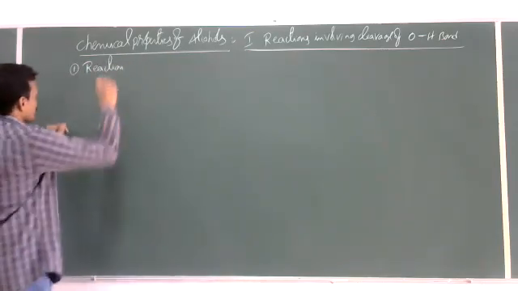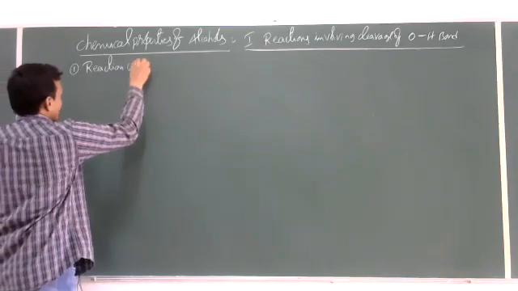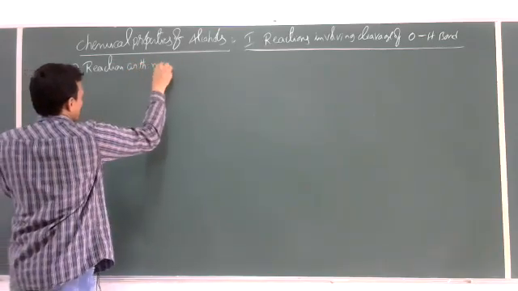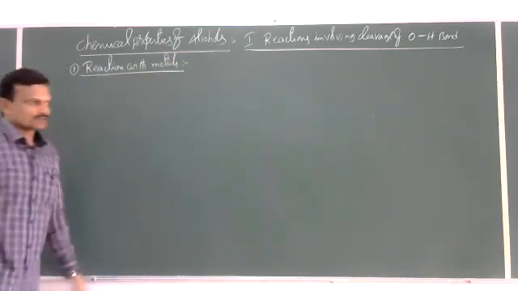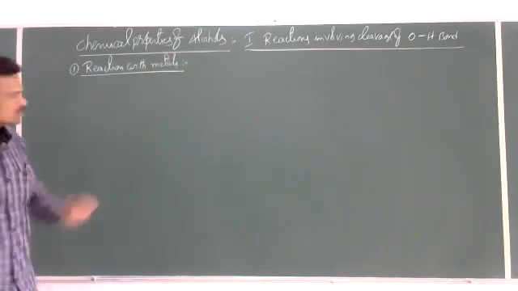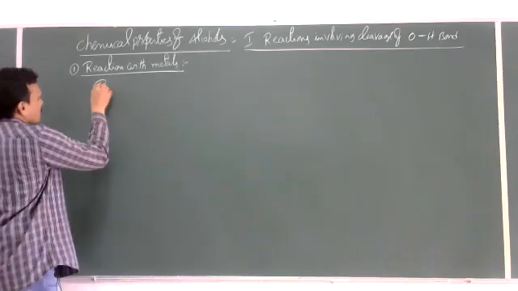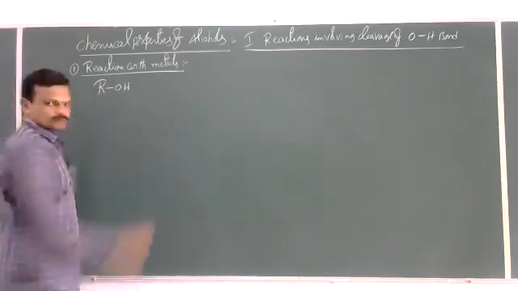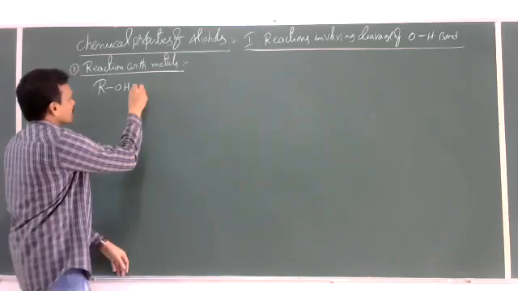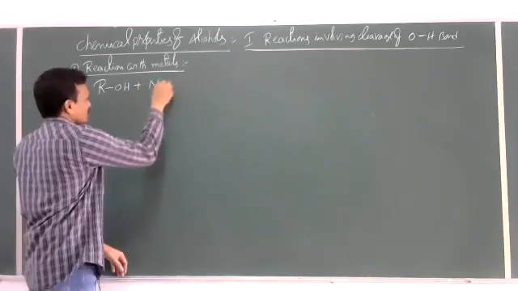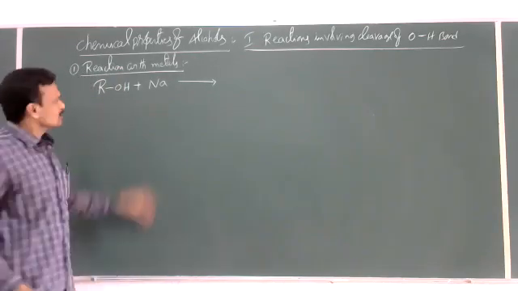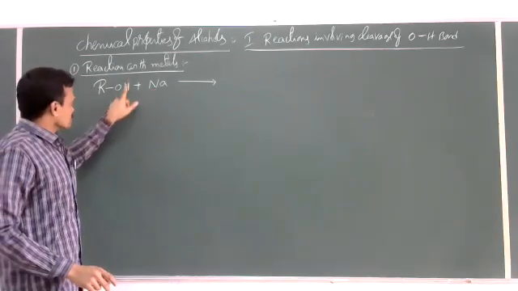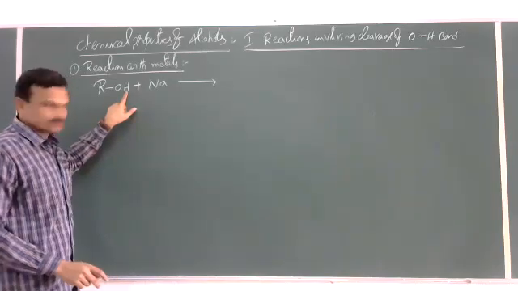In that, the first one is the reaction with metals. So, if we take alcohol ROH, when alcohol is allowed to react with active metals like sodium, then sodium displaces hydrogen.